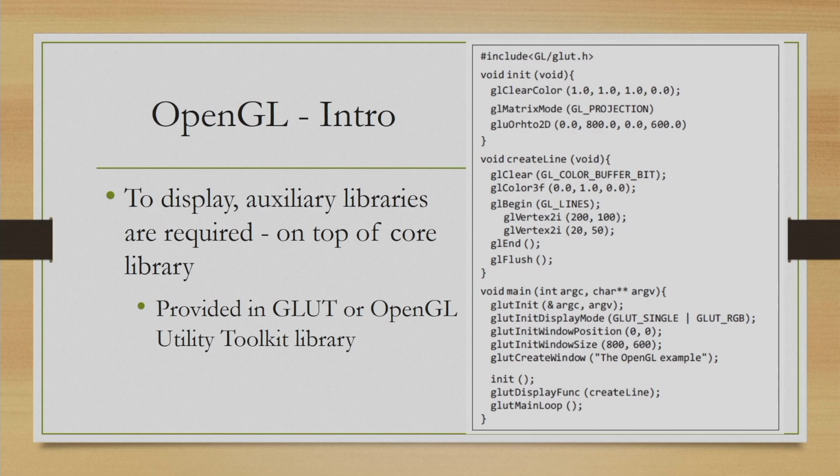So, to display we require auxiliary libraries on top of the core library. This is provided by the library GLUT, or OpenGL Utility Toolkit library, GLUT library, that is mentioned in this include statement.